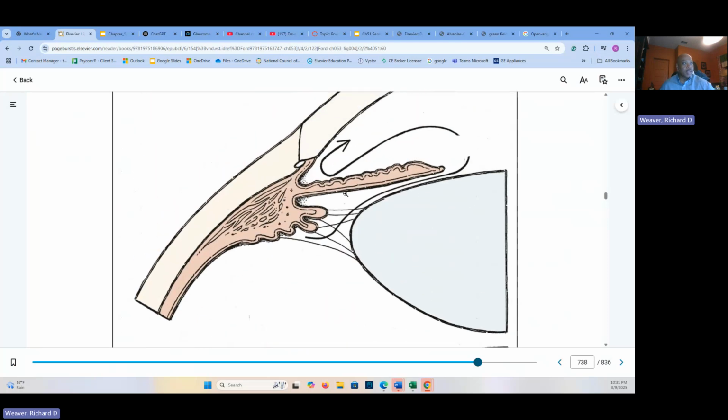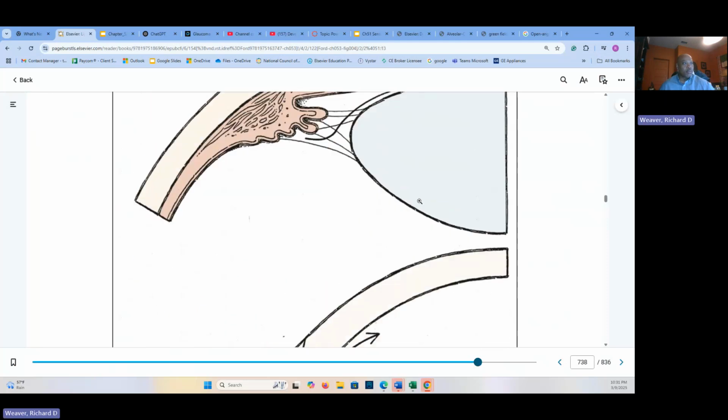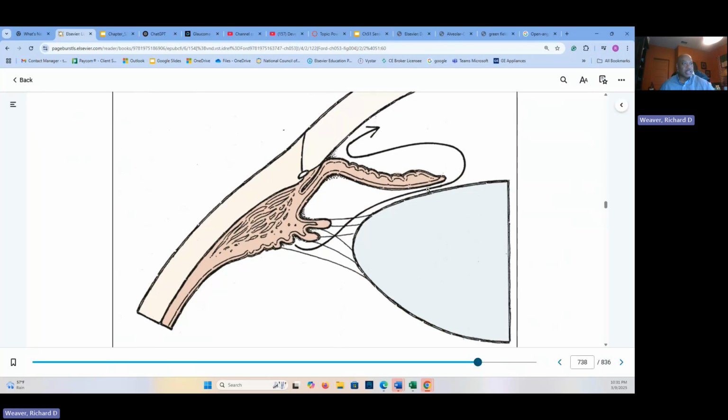Here it's straight, but here it bends, and it is because of that bend that it creates more of a closure and does not allow the aqueous solution to drain. So the iris is bent at an angle and blocks the canal, limiting the flow of aqueous humor from the anterior chamber, so a lot of that fluid remains there.